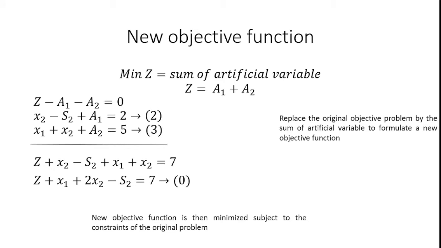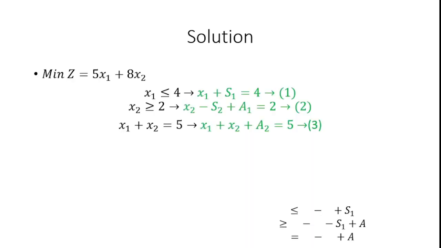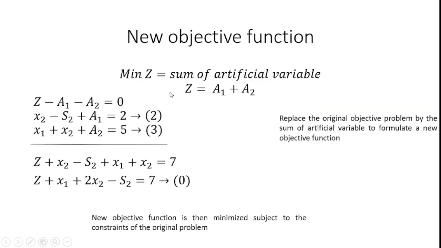Here I have a minimization problem, so minimization of z is equal to the sum of artificial variables. In that problem there are two artificial variables, a1 and a2, so that the minimization of z is equal to the sum of artificial variables. So here z is equal to a1 plus a2.